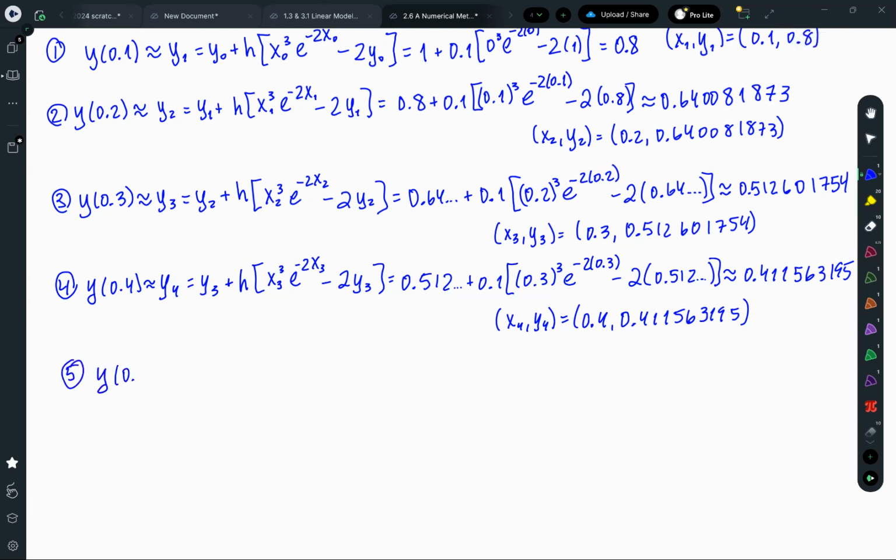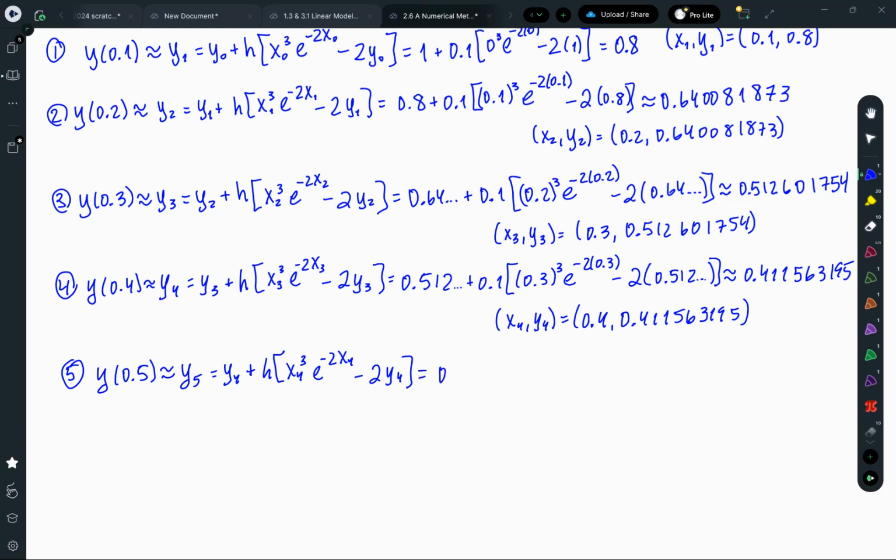Okay, last step, 5. y of 0.5 was what we were being asked for. It is approximately y5, which is equal to y4 plus h times x4 cubed e to the minus 2x4 minus 2y4. Okay, plugging everything in.